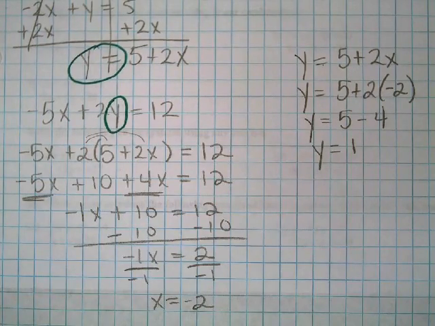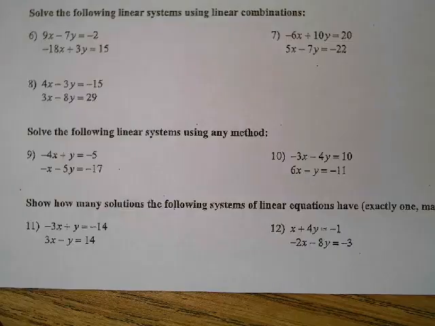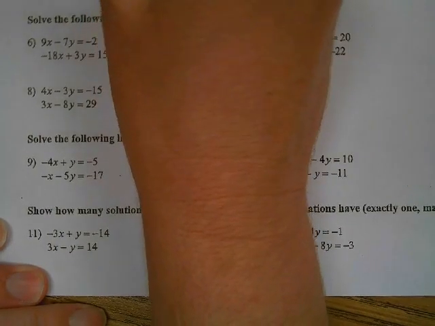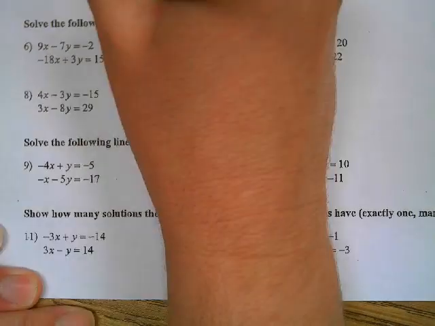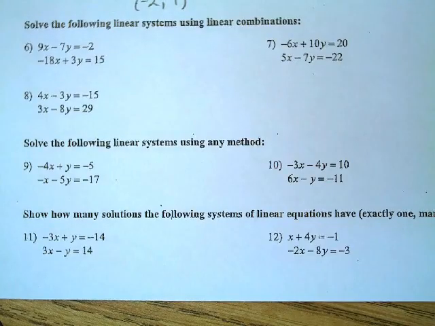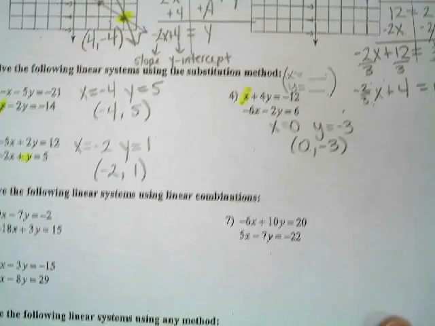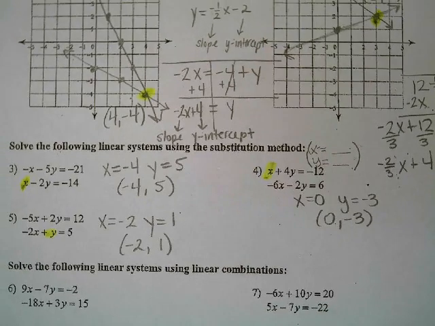So x is negative 2, y is 1. I'm going to write that on my paper. And then write it as an ordered pair. So there you go. There's 1 through 5.